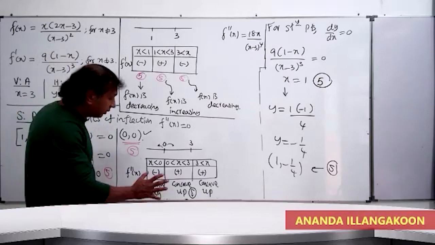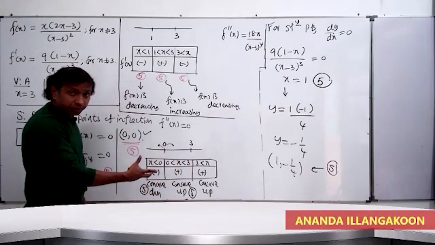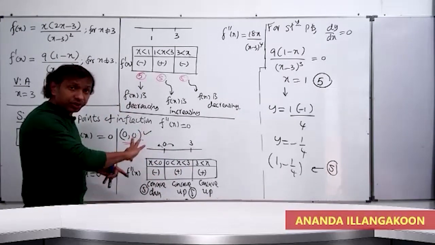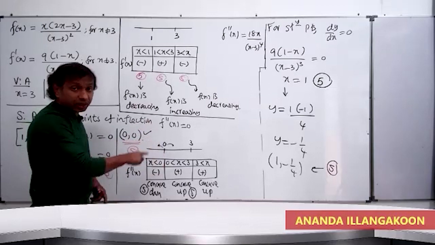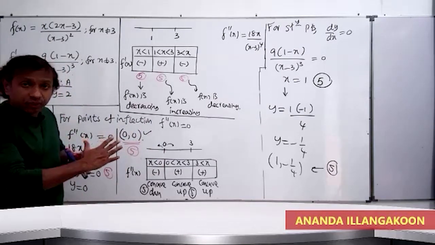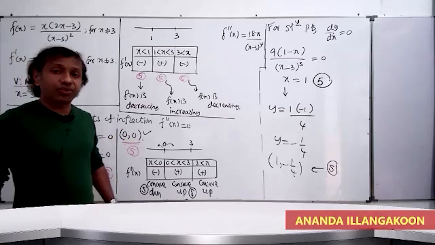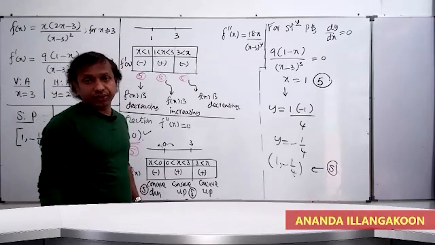After that, by this table, on either side of this 0, because the sign of the second derivative is changing to the opposite, by that only, now we can definitely say, therefore, at the 0, 0 point on the left and right, the concavity changes. Therefore, what can you say? There's a point of inflection. Right?